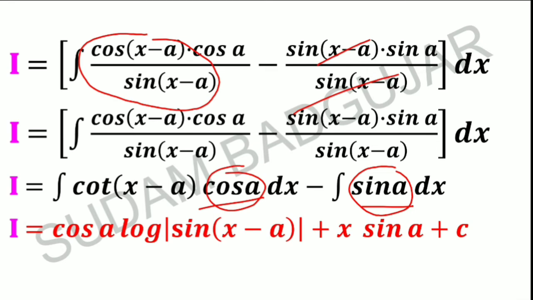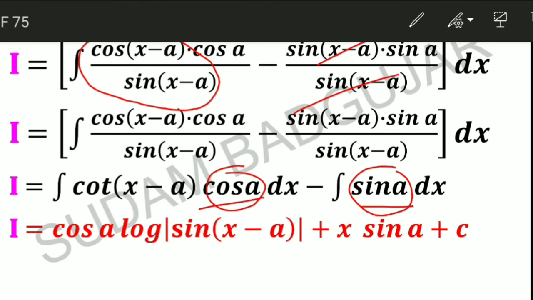Log of sin of x minus a. Then here it is minus sin a, a constant, written outside, and the integration of 1 dx is x, so minus x into sin a plus c, and this is the final answer.